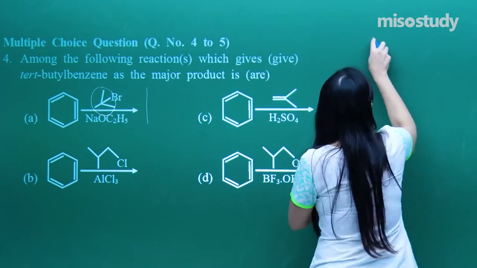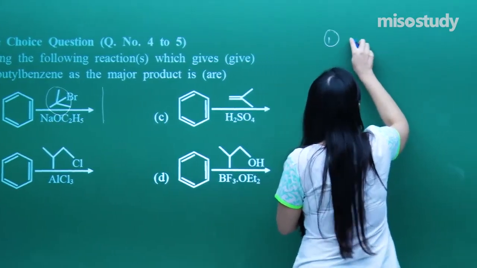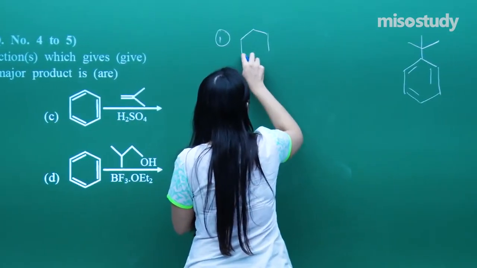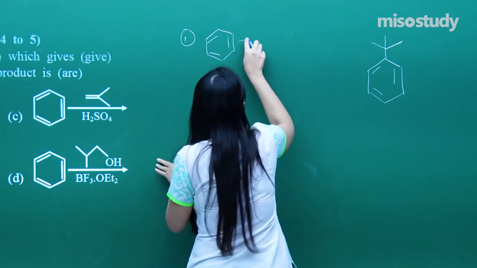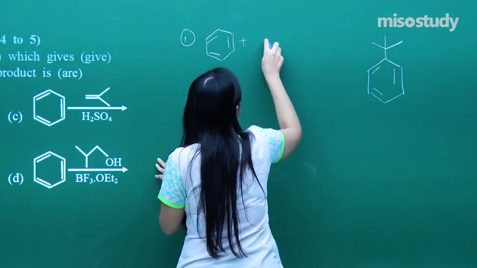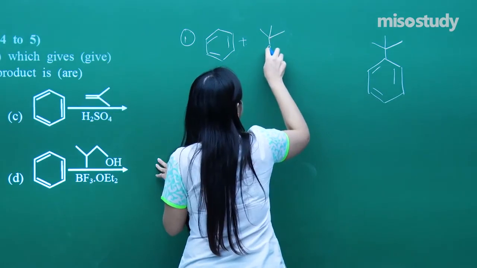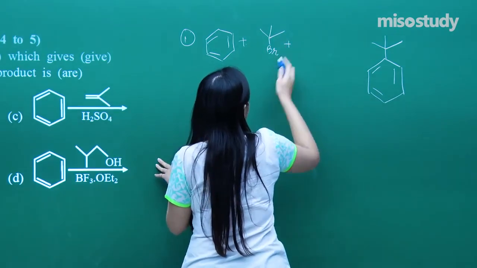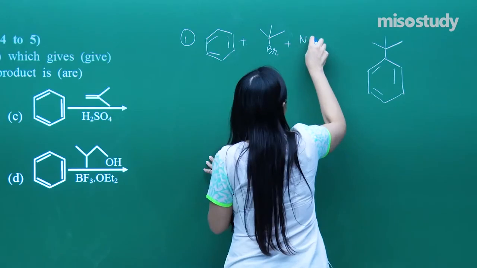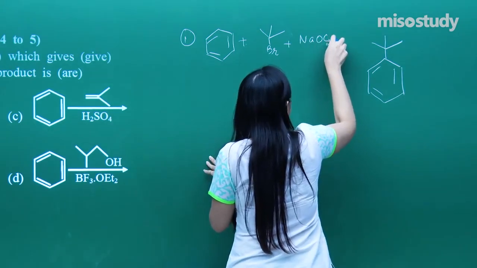So if I consider number 1, benzene reacting with Br and NaOC2H5.